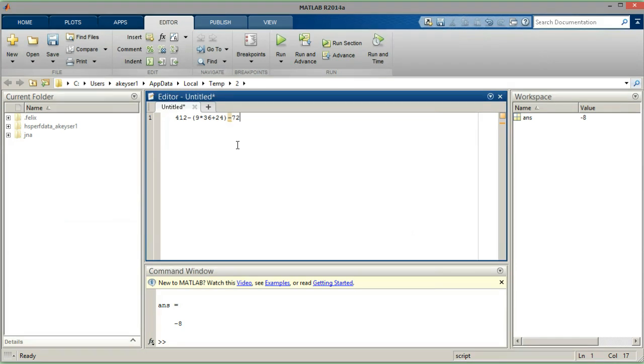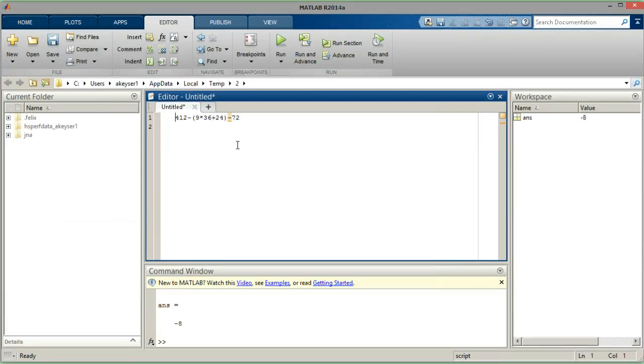Let's try another operation. Oh, one other thing I should tell you in the beginning is, if you want to separate problems, use a double percent sign.